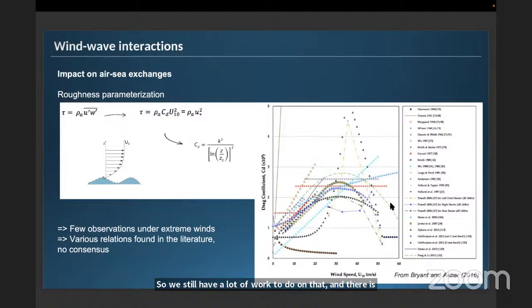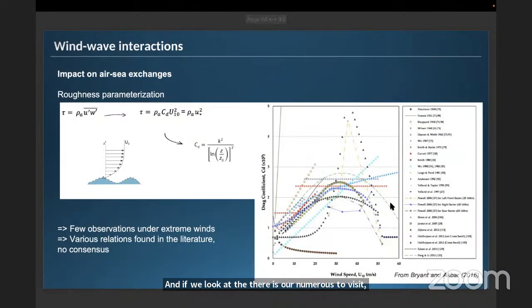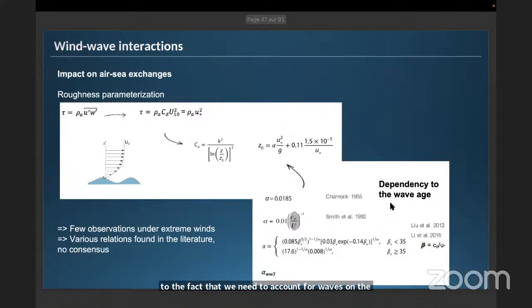And there is not always a consensus, even sometimes at moderate wind speed. There were numerous studies that said that these different formulations are associated with the fact that we need to account for waves and the variability of the wave state. And so we should account, for example, for the wave age. So let's remember this young wave versus older waves.